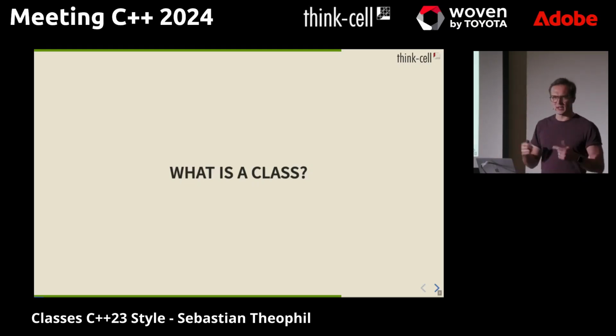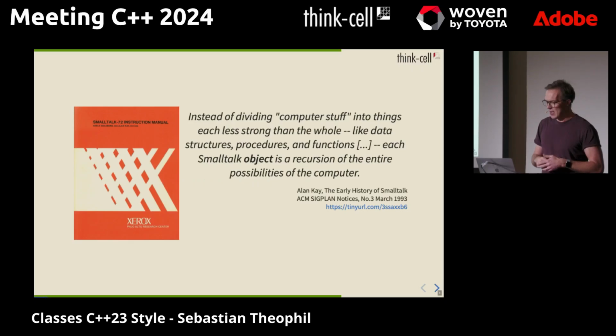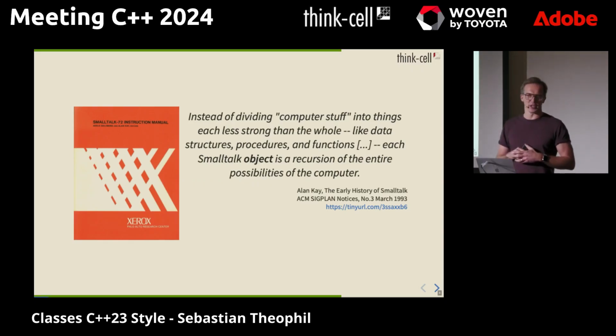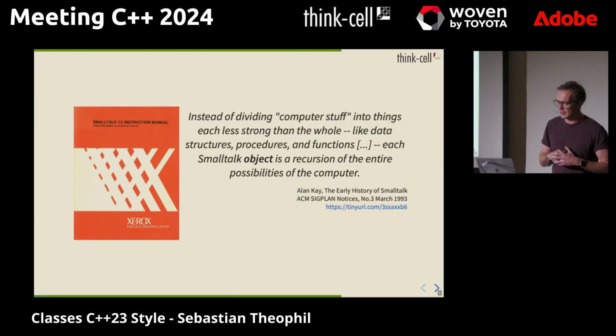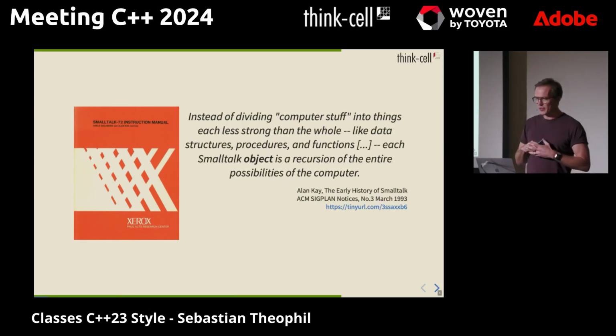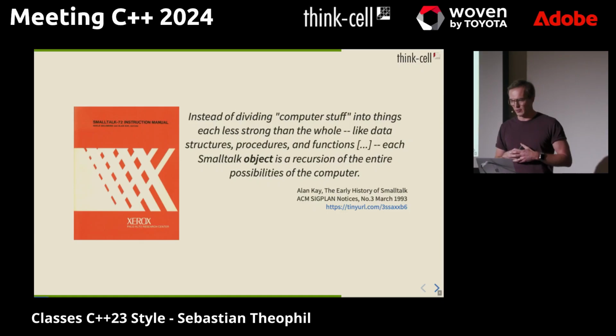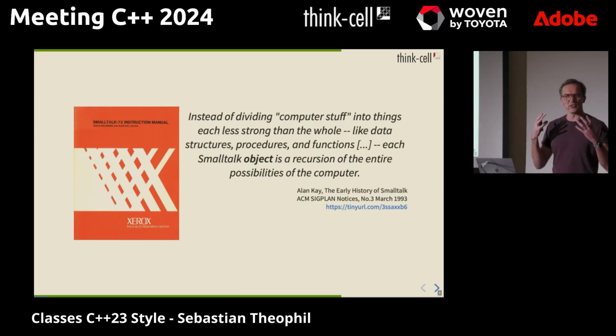So I went back a bit, and I wanted to find out what the inventor of the first object-oriented programming language, Smalltalk, had to say. And there's a great paper, The Early History of Smalltalk. And he says that instead of dividing computer stuff into things, each less strong than the whole, like data structures, procedures, and functions, each Smalltalk object is a recursion of the entire possibilities of a computer.